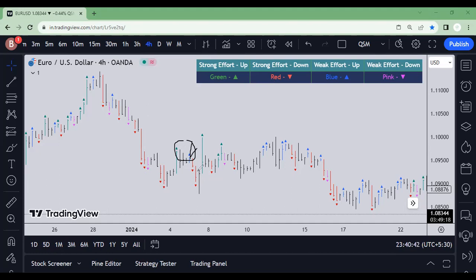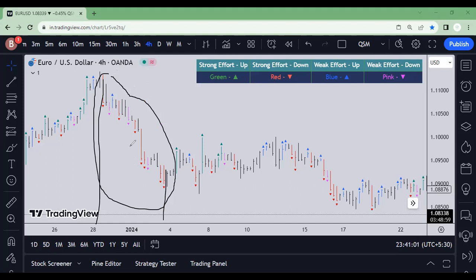So it happened over here, and that resulted in a sharp price fall. But now look at this, things have changed during this entire duration. It's a 4-hour candle.